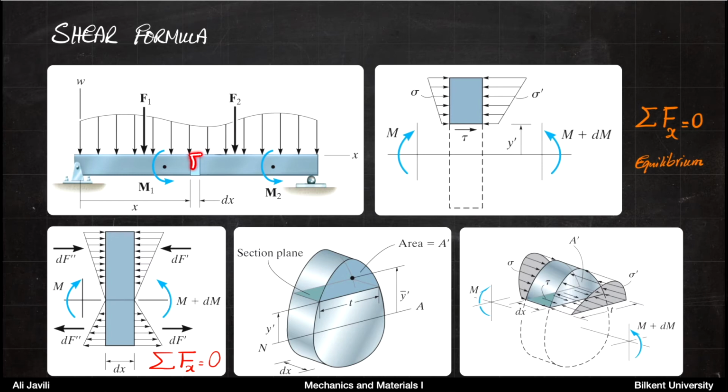Now, if you take that piece and enlarge it, it's shown here. You can imagine, and this is what we have done in the bending problem, there would be a moment on the left-hand side and another moment on the right-hand side. So let's say M prime on the right, M on the left. Now we have learned before that related to these moments, there are stresses that correspond to them.